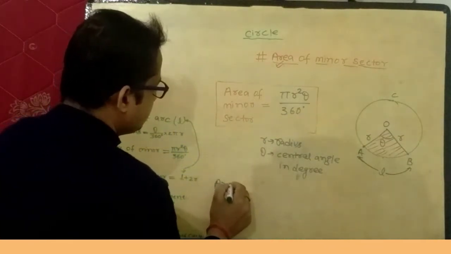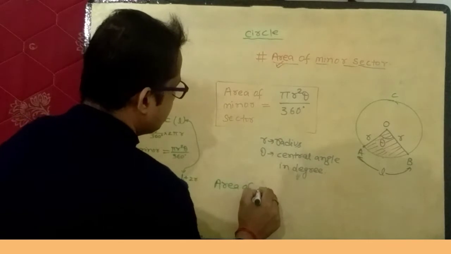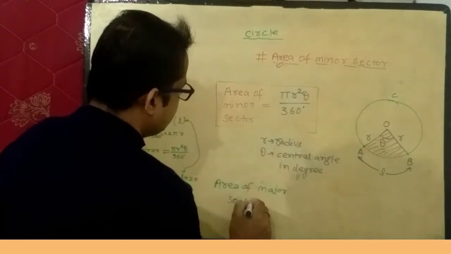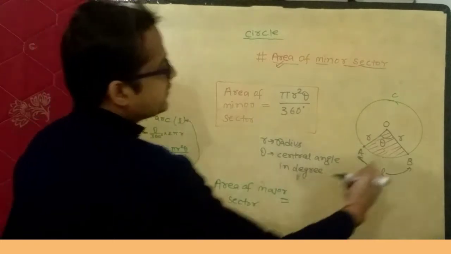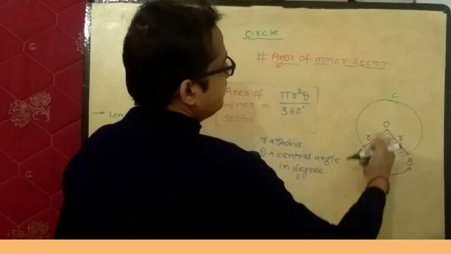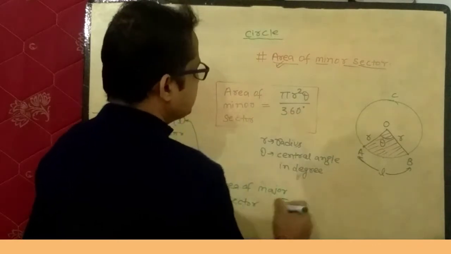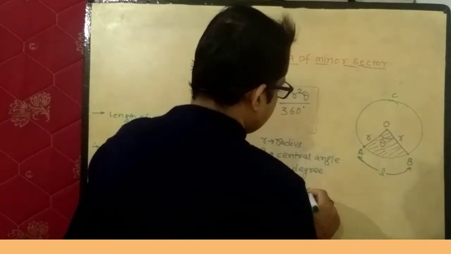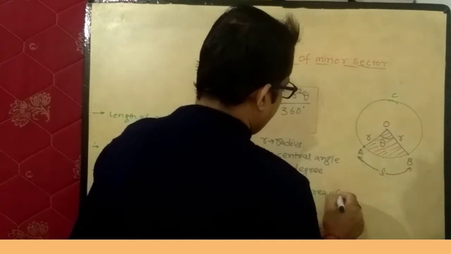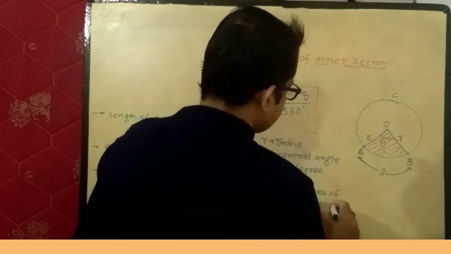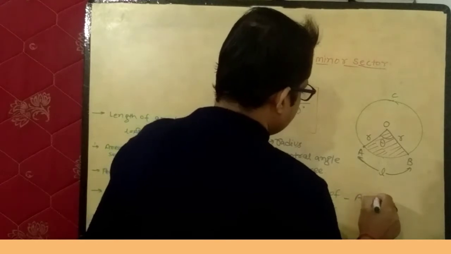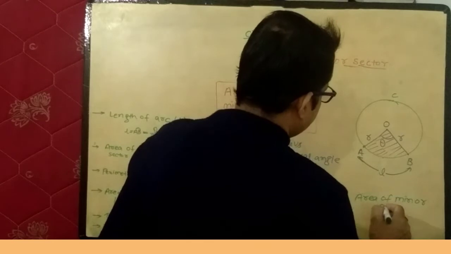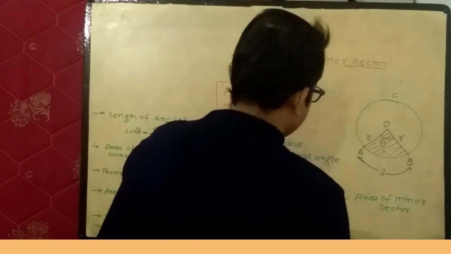Area of major sector equals the area of circle minus the area of minor sector.